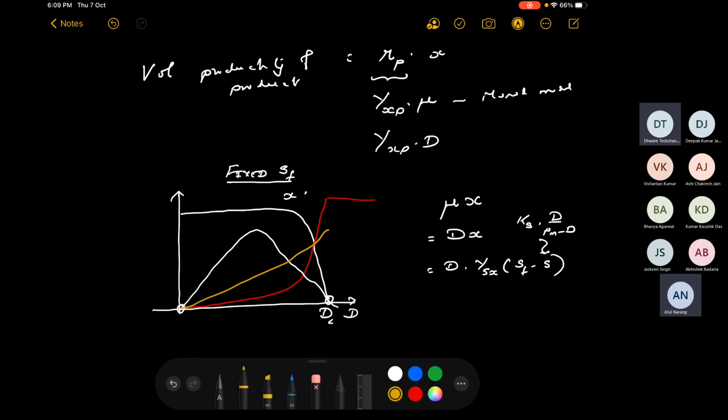What was the expression you got? I got D optimum equal to mu m into bracket 1 plus square root of Ks upon Sf plus Ks. Did you get plus or minus? Plus.